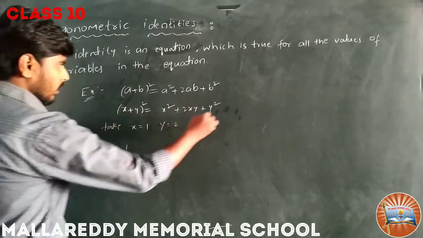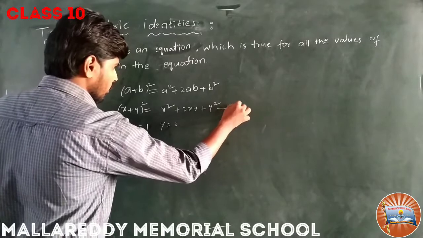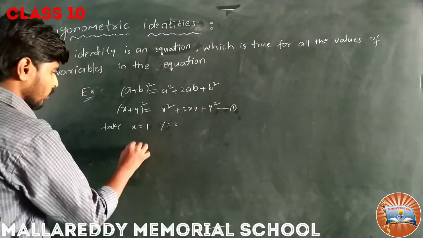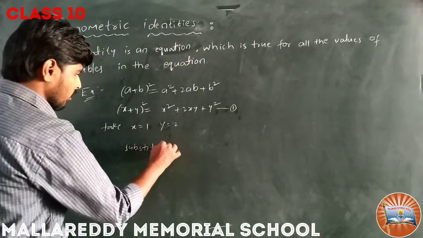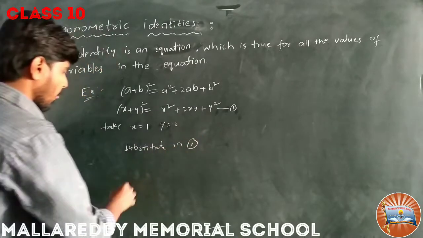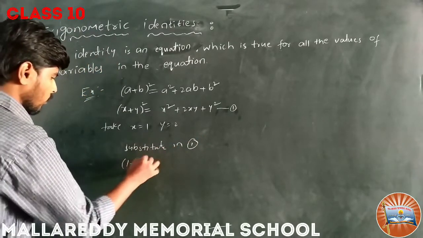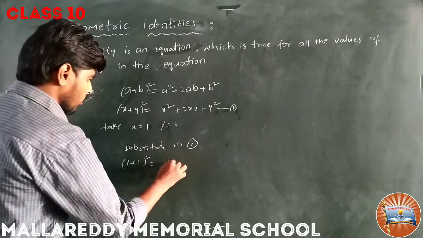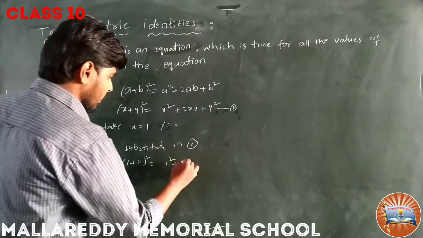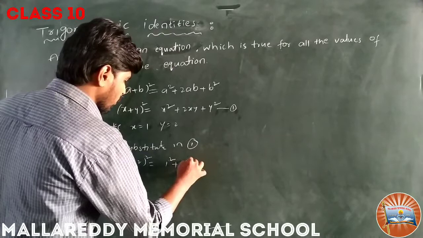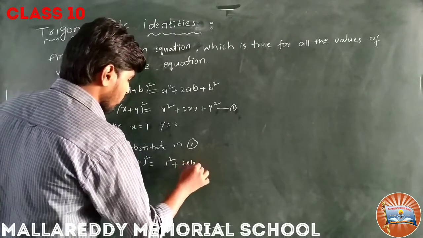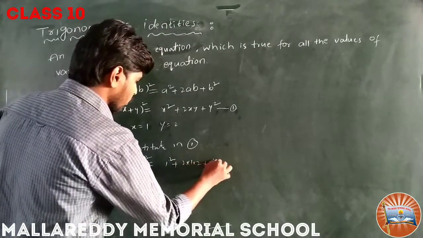Substitute in this equation: (1 + 2) whole square is equal to 1 square plus 2 into 1 into 2 plus 2 square.